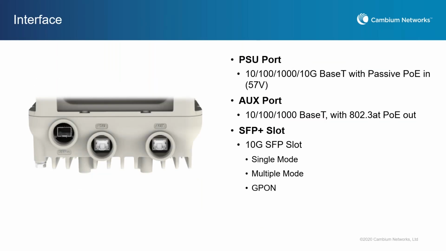There is a plan to support 5 gigahertz failover using the auxiliary port, because we have the power supply here. We can power, say, a Force 300 radio or a 550 radio, and then we can do the failover. It's not supported yet. It is definitely in our roadmap, and it will be supported in 2021.